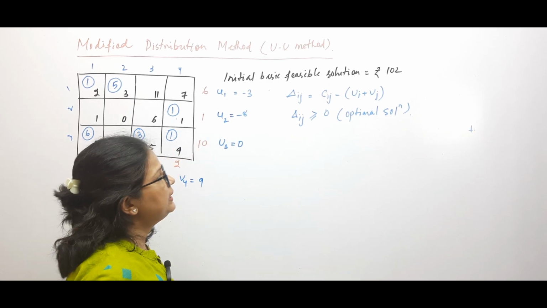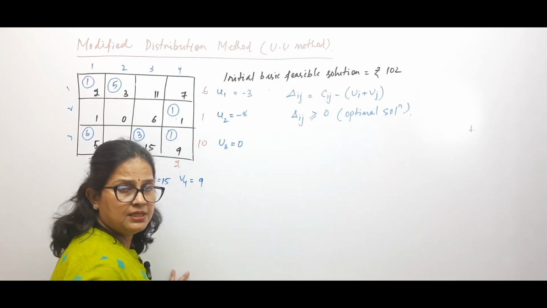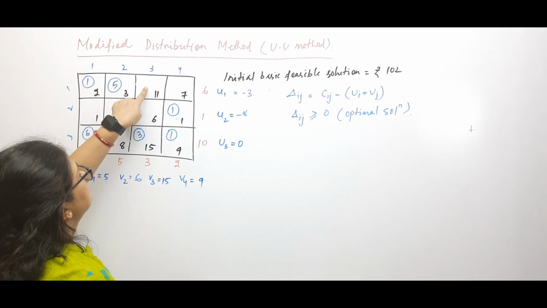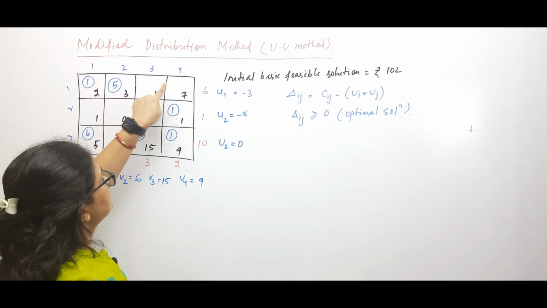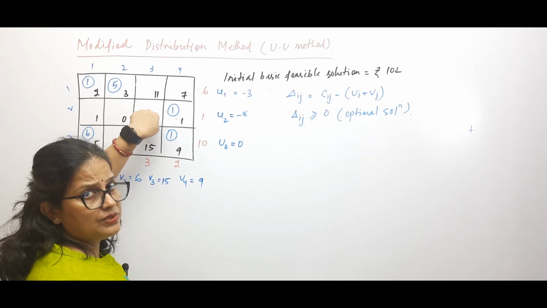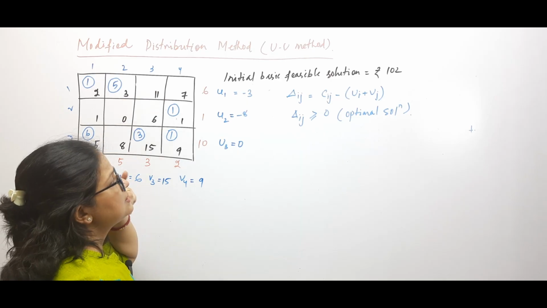As we all know, delta ij equal to Cij minus Ui plus Vj. So here, what is Cij? This is unallocated, this is unallocated, these are unallocated cells. So we have to calculate the delta value for the unallocated cells.